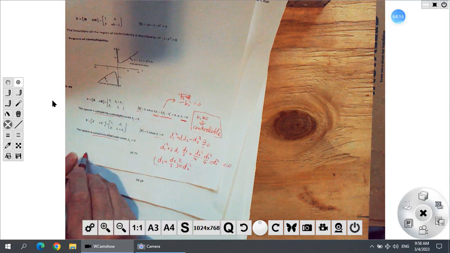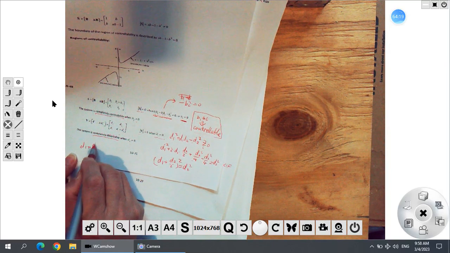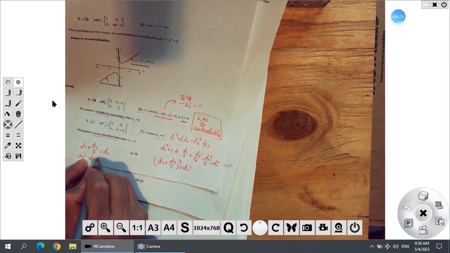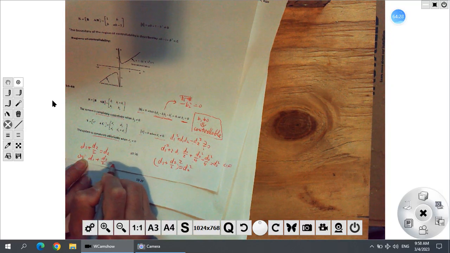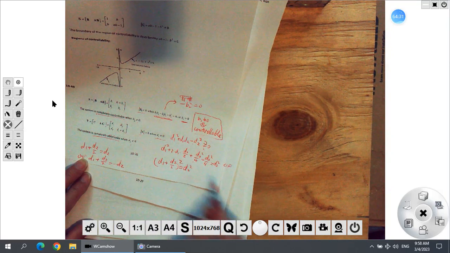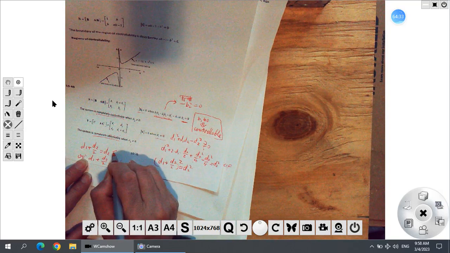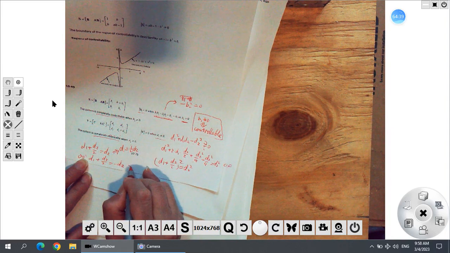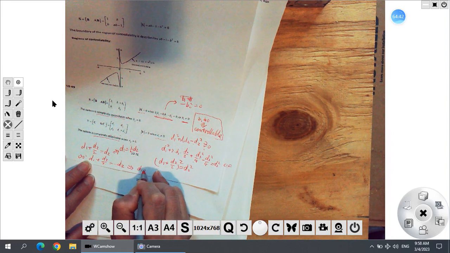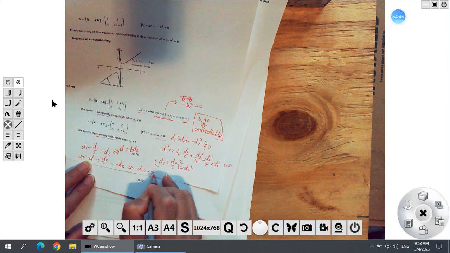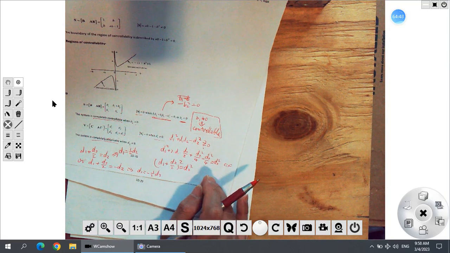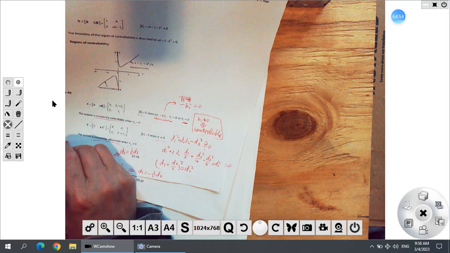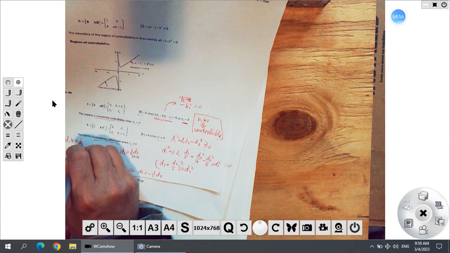So this gives us D1 plus D2 over 2 equal to D2, or D1 plus D2 over 2 equal to negative D2, right? And these gave us D1 equal to half of D2. This gave us D1 equal to negative half D2. Okay, so this condition will be D1 do not equal to positive or negative 1/2 D2.